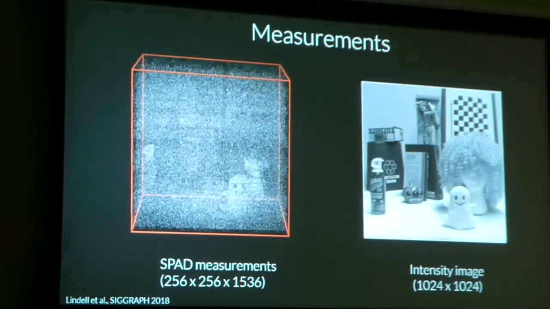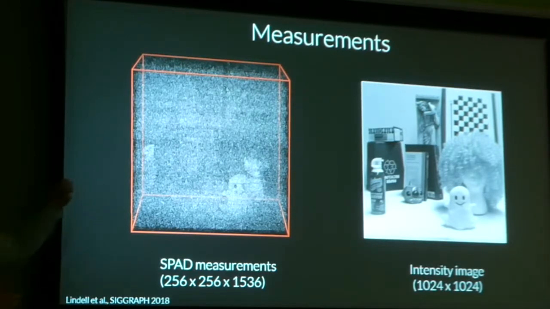But also embedded in this mass of photon detections are photons that came back from our laser. And we need to figure out when they arrived to be able to get the depth. So we have this interesting idea looking at these two sources of data, and they're clearly complementary in many ways. One is higher resolution, on the right is low noise, but doesn't have as much information potentially about the depth.